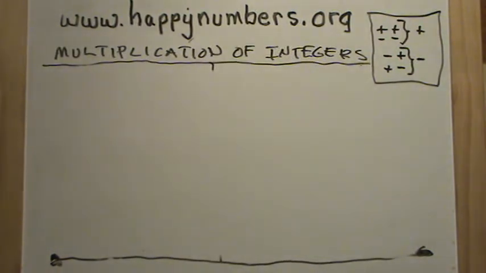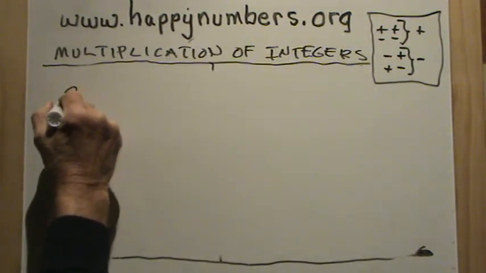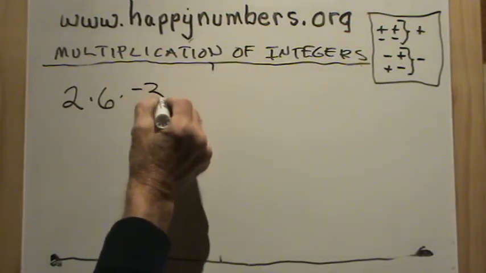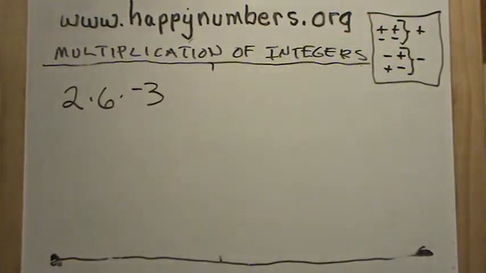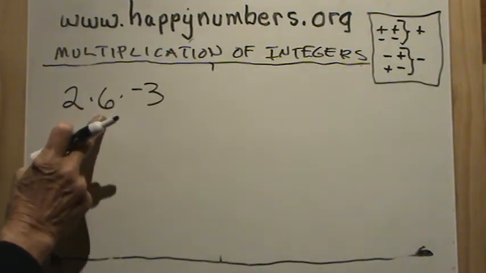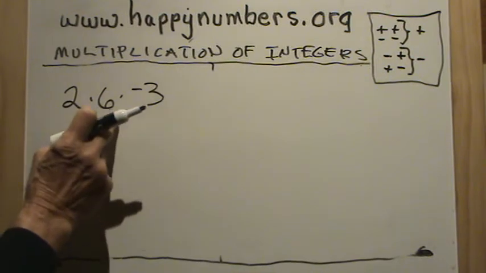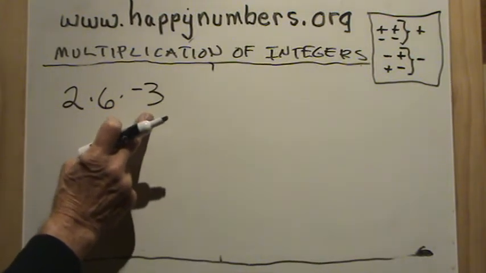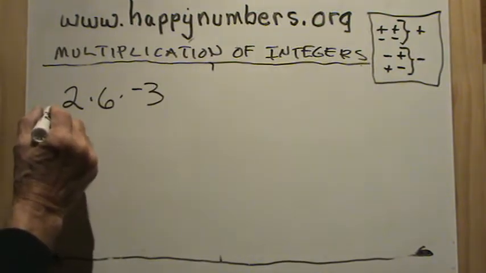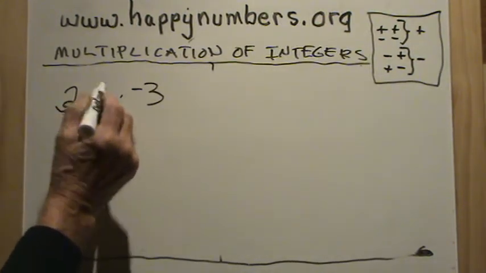We might encounter a problem like this. Now, this is a positive 2 times a positive 6 times a negative 3. Well, here's how I work this. I'll do these two first.